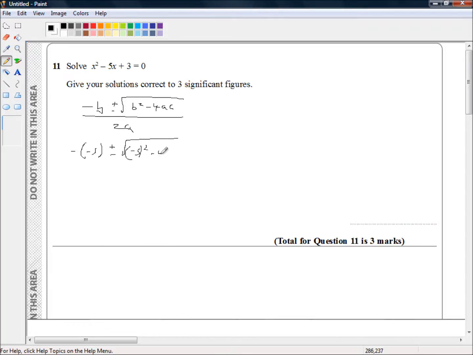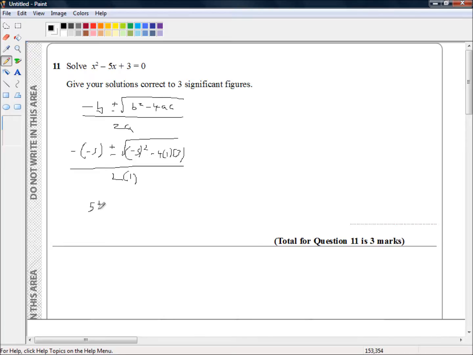minus 4. Because there's no coefficient, this is 1. So that's 4 times 1 times 3. And that's all over 2 times 1. So minus negative 5 is just positive 5.